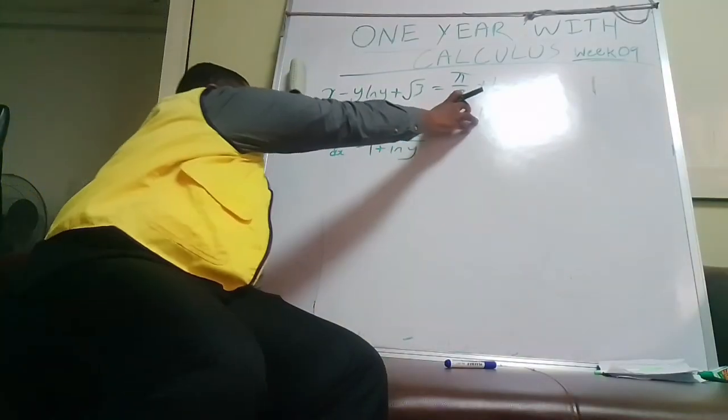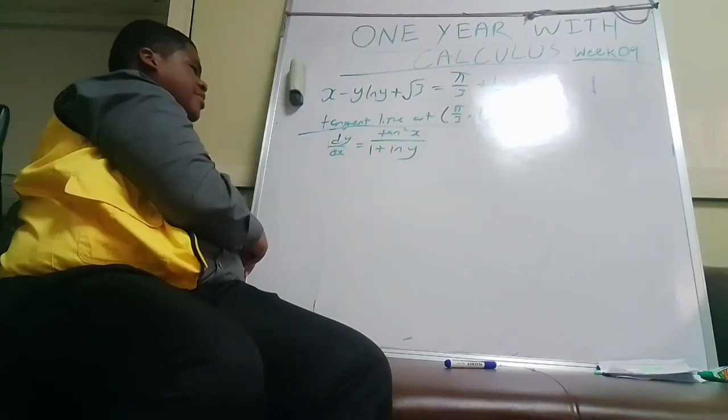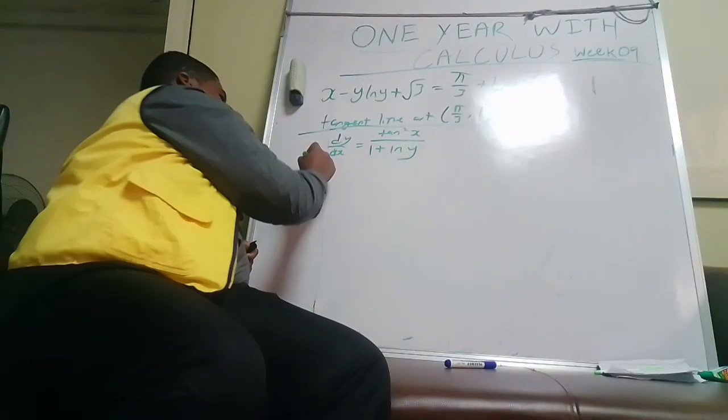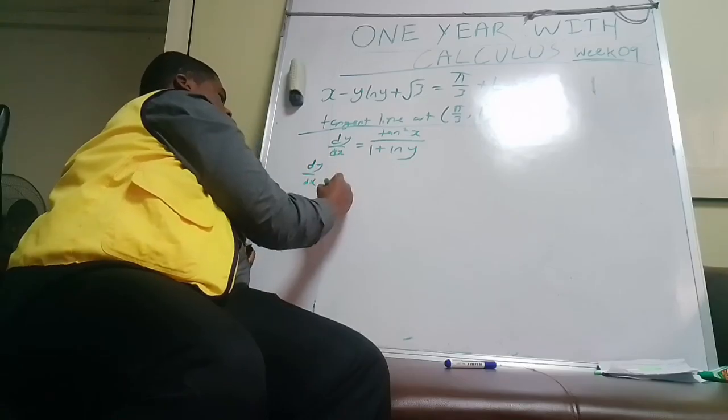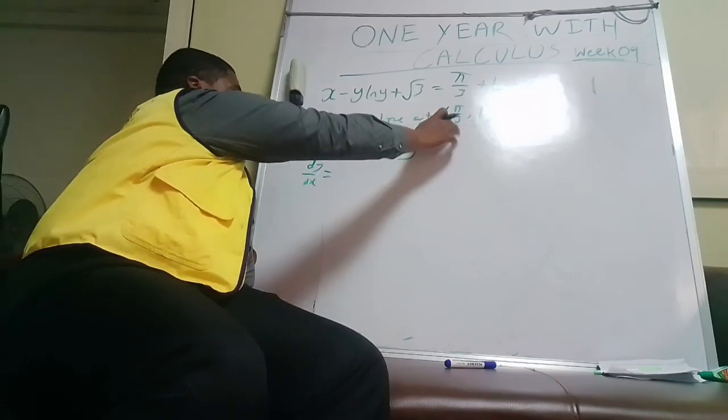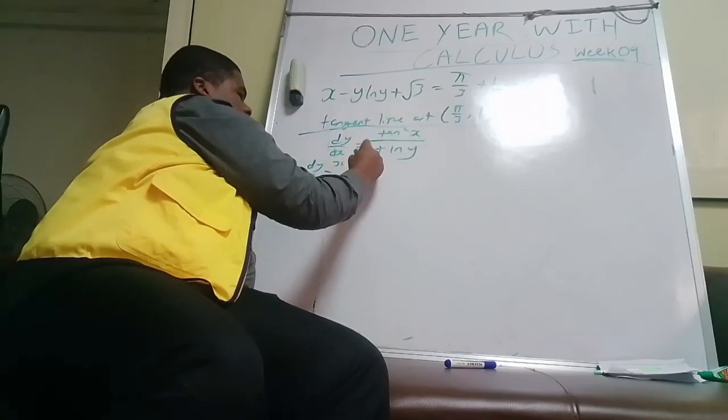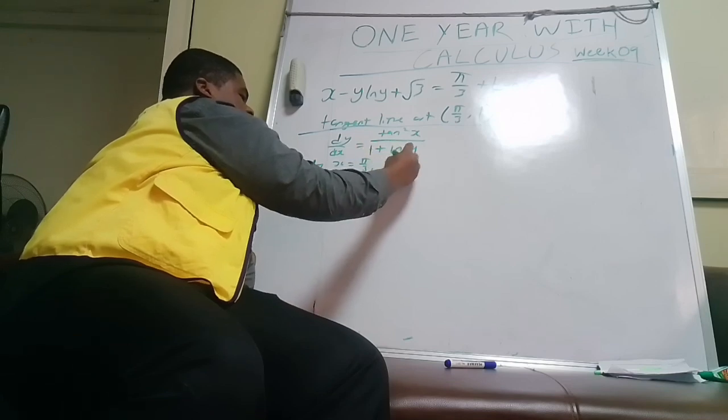So you are going to put this into the derivative function. So dy/dx when x is equal to pi over 3 and y is equal to 1.